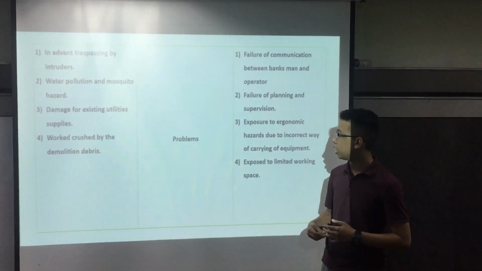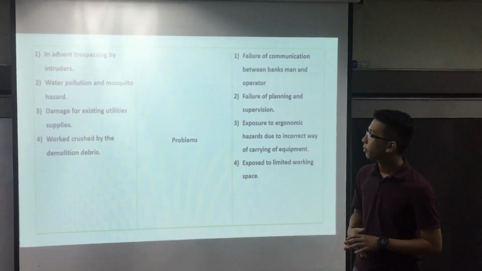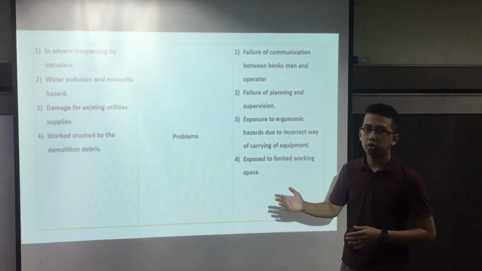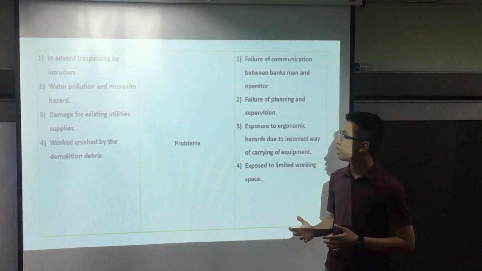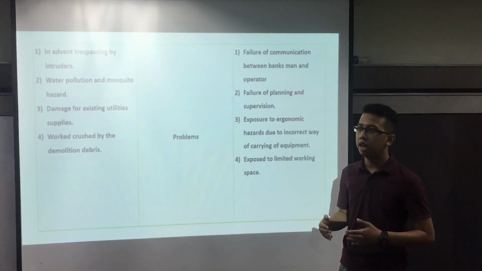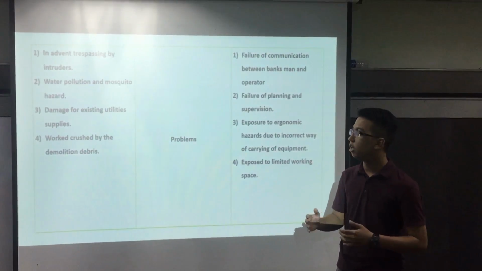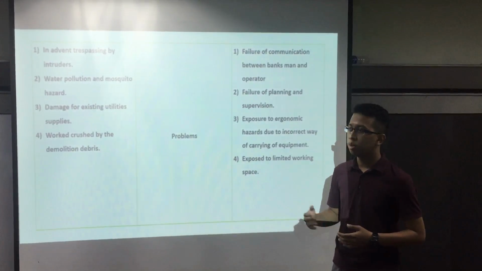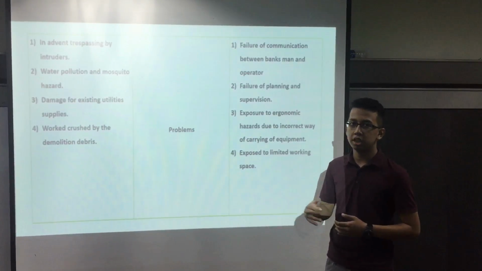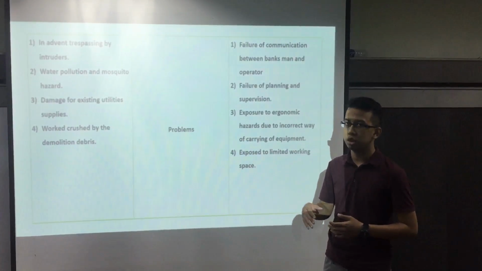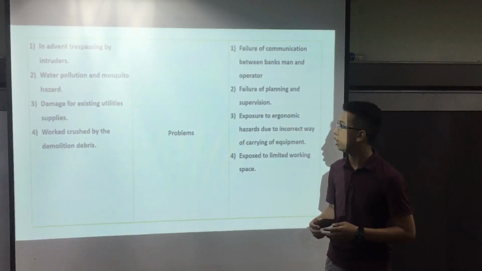Okay, we're moving to the last one, which is the problems from both case studies. For the two-story bungalow, the problem is inadvertent trespassing by intruders. Since there is no control in safety, usually a trespasser will come to the house and steal materials and machine equipment.